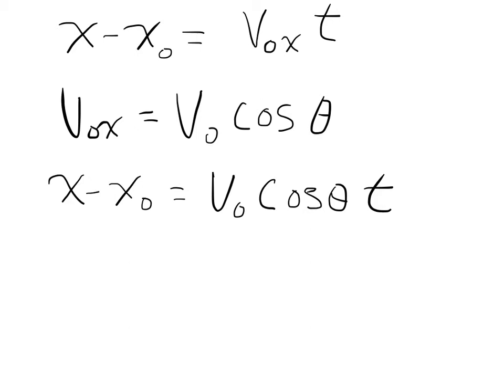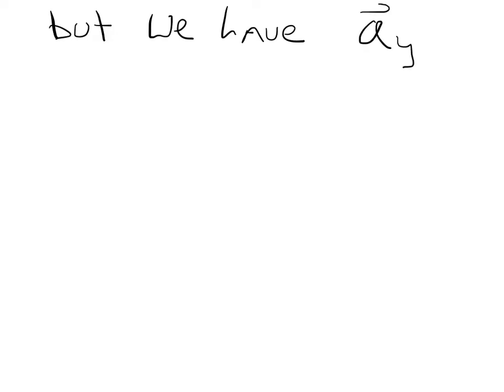But since we have g, we have acceleration in the y direction, right? So that changes things. And the y direction isn't as simple. So we want to look at y minus y naught and go back to the kinematics that we've just finished deriving. Remember that from last time?